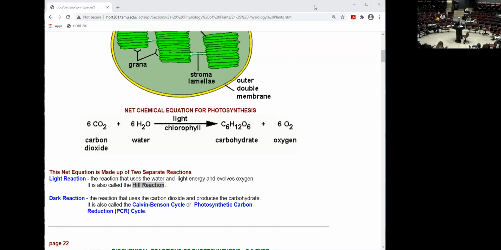Annotate, buddy. Let's draw it. Light reaction occurs inside the grana, and the dark reaction occurs inside the stroma. And the light reaction occurs first. Light reaction occurs first, then the dark reaction occurs. All of them occur inside the chloroplast.